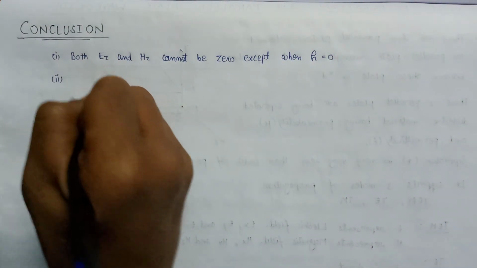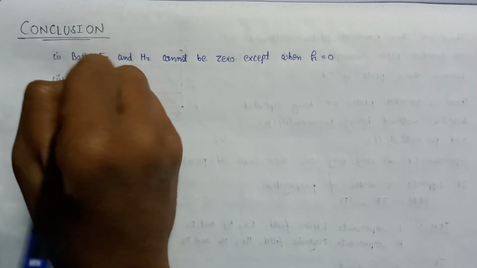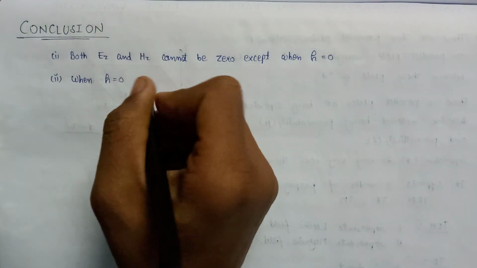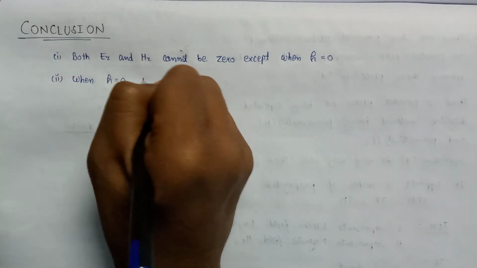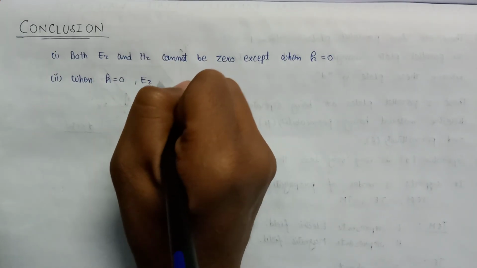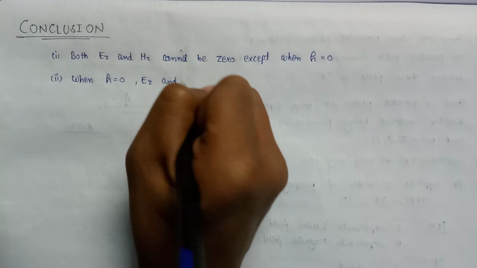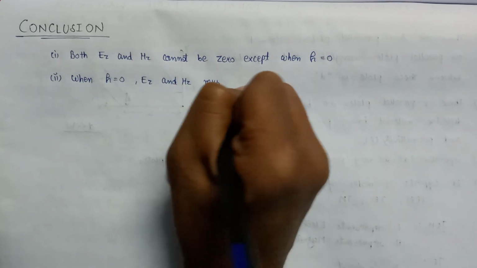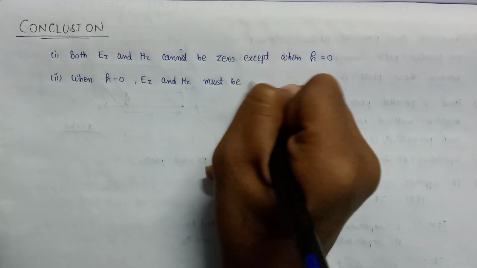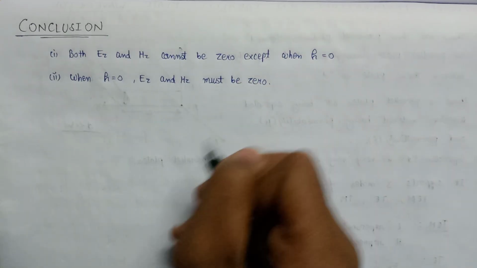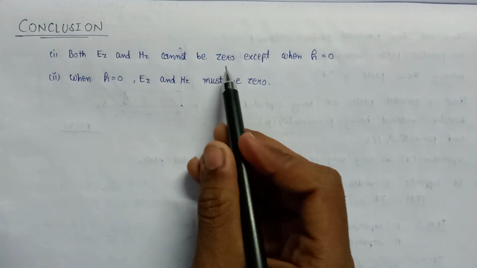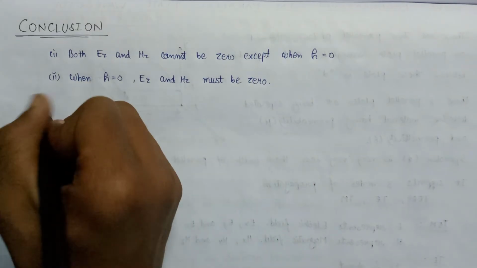Moving on to the second conclusion, when small h value is equals to 0, then the Ez and Hz components have the value equals to 0. So this is the reverse or the vice versa case of the first conclusion.